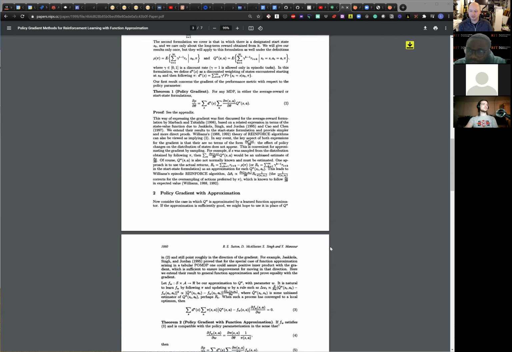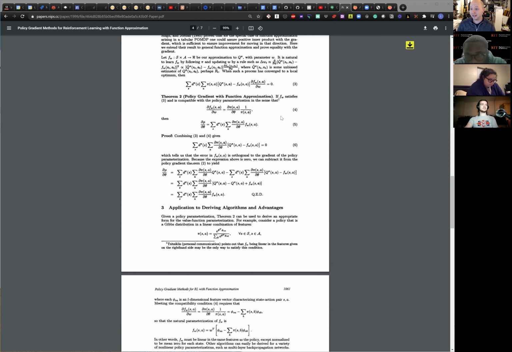The paper goes into a little bit of baselines as well. Okay, you have this Q function. The problem with the Q function, just like the value function, is that it's like an imaginary value.